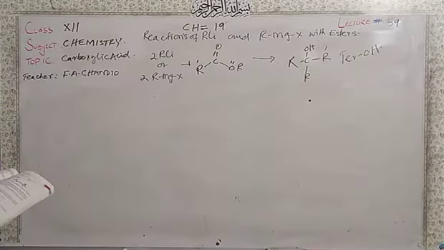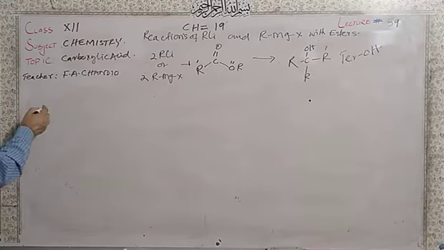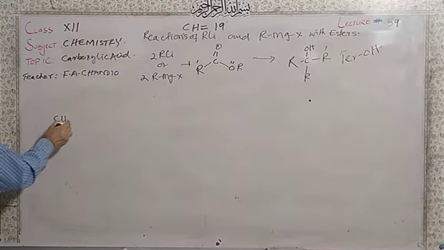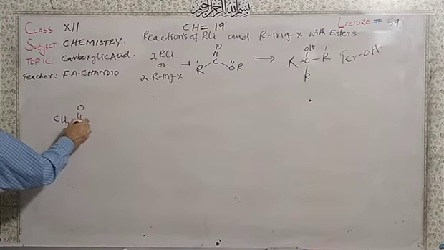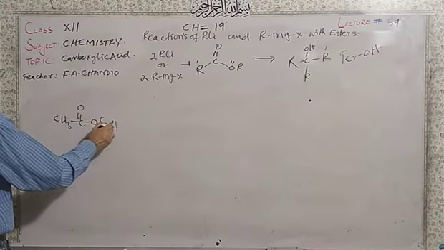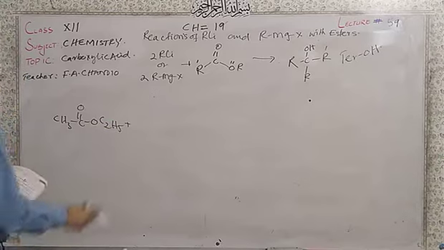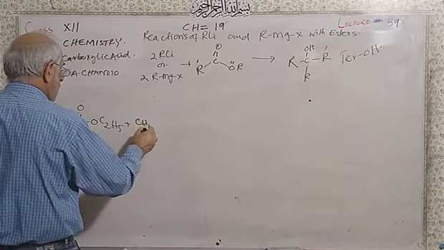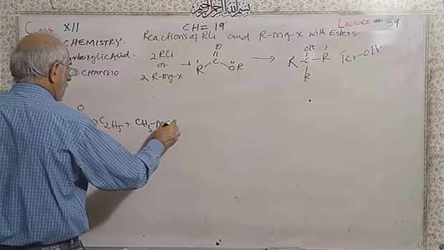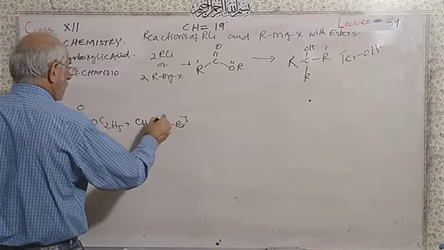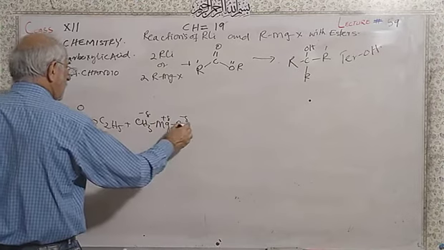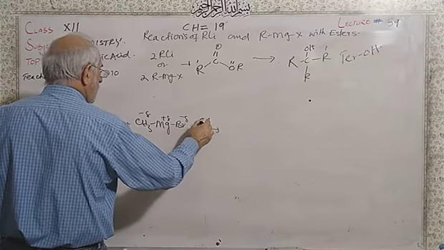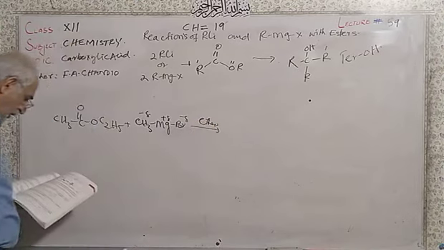So the mechanism: first of all you have the ester, and an alkyl magnesium halide, suppose methyl magnesium bromide, Grignard's reagent, in presence of ether as a solvent.